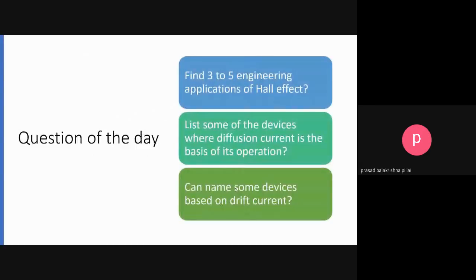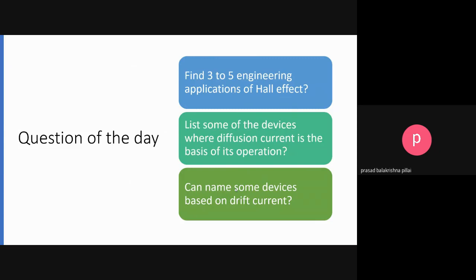So these three questions I am giving you. The first one is an engineering problem. You have to see the practical application, a minimum of three, we can go beyond five also. Find out practical 3 to 5 applications of the Hall effect. The Hall effect has been widely used, including, for example, in a flip phone.